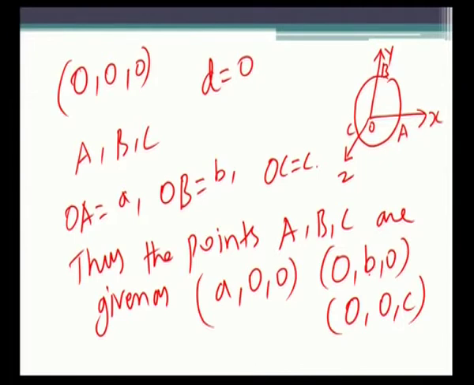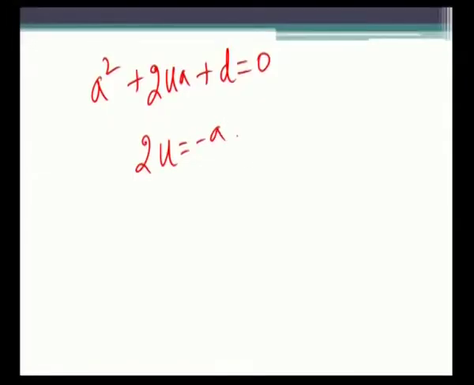So, we will get the following equation, that is a square plus 2ua plus d is equal to 0. After simplification, we get 2u is equal to minus a, because the sphere passes through the origin, so d is equal to 0.